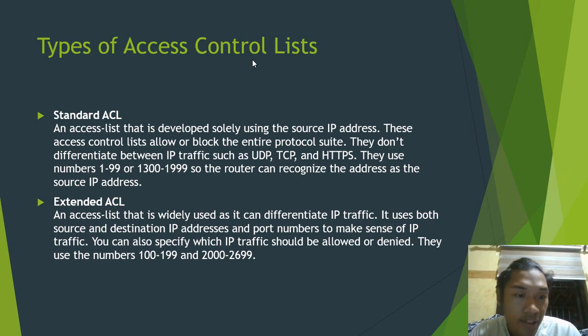Extended ACL is an access list that is widely used as it can differentiate IP traffic. It uses both source and destination IP addresses and port numbers to make sense of IP traffic. You can also specify which IP traffic should be allowed or denied. They use the numbers 100 to 199 and 2000 to 2699 or much higher.